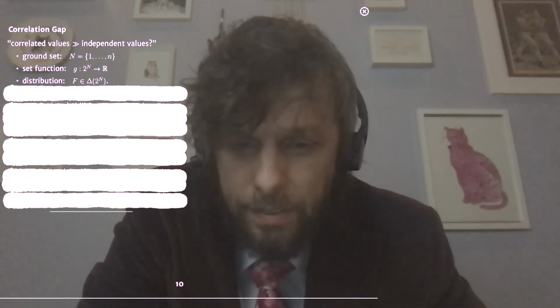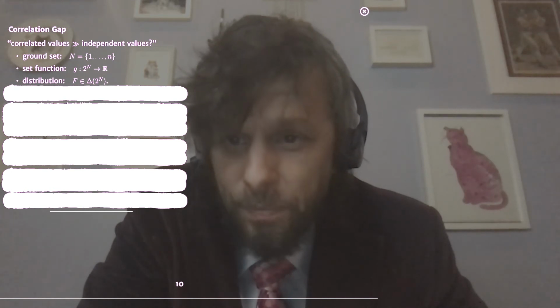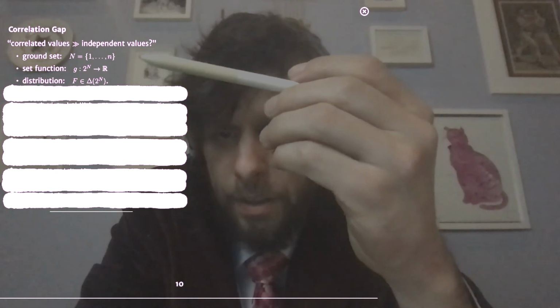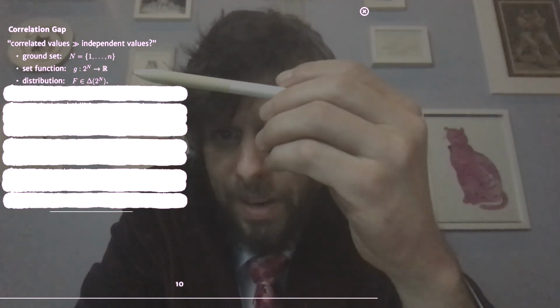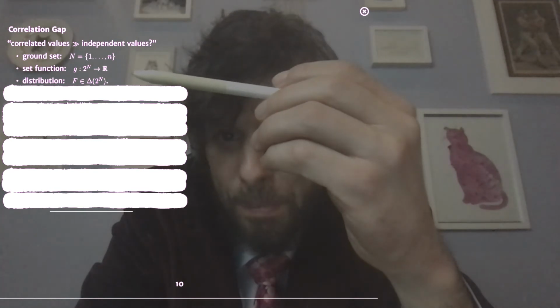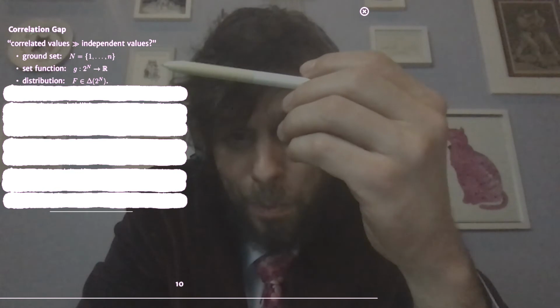Okay, so let's jump into how to state the correlation gap question. We're going to have a ground set of n elements. You can think of this as corresponding to the bidders we were talking about previously. We're going to have a set function that maps subsets of those elements to real numbers, which are performance, think revenue.